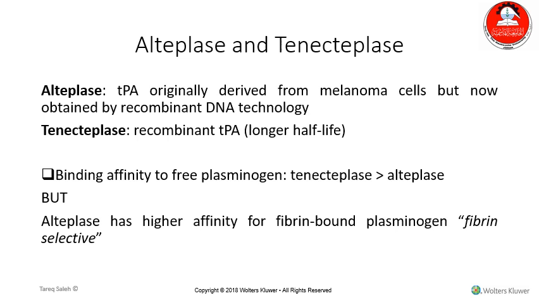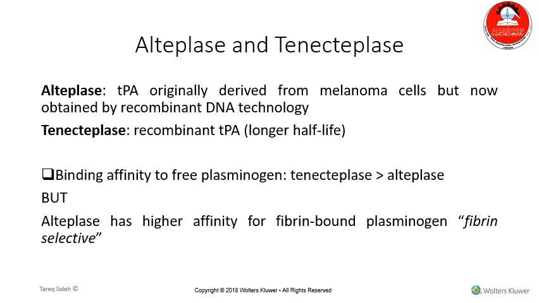Remember that tissue plasminogen activator is the factor that is responsible for activating plasminogen into plasmin. And we can extract alteplase from human melanoma cells, but we can also synthesize it using recombinant DNA technology. Tenecteplase is a totally synthesized drug.